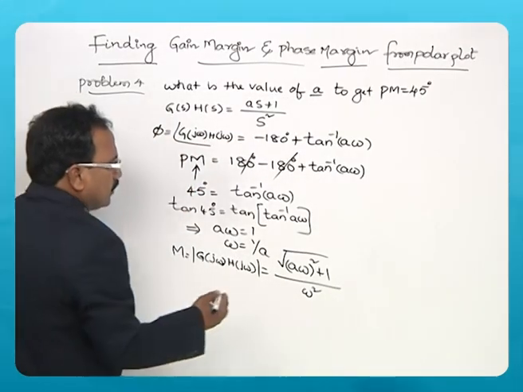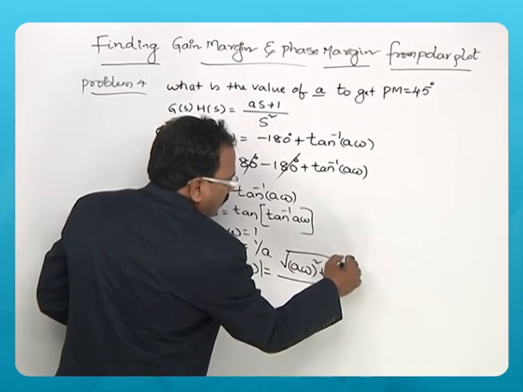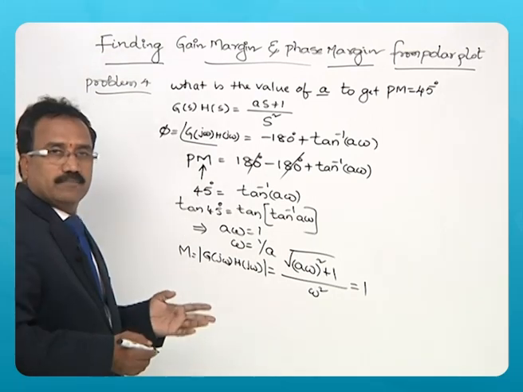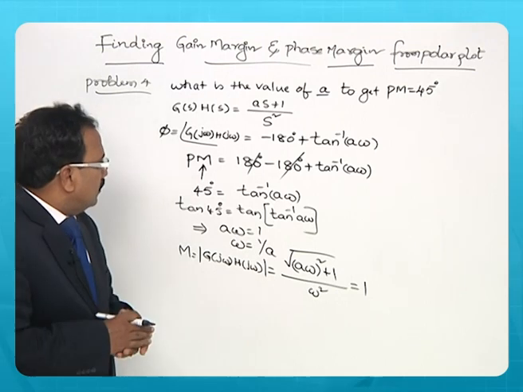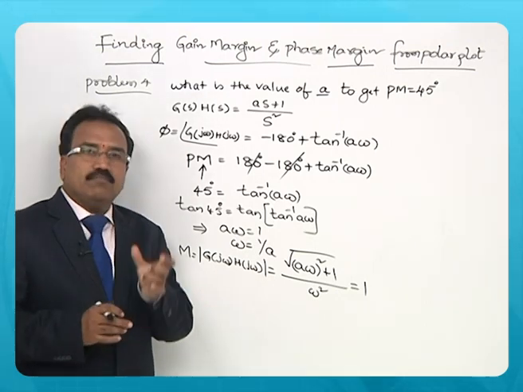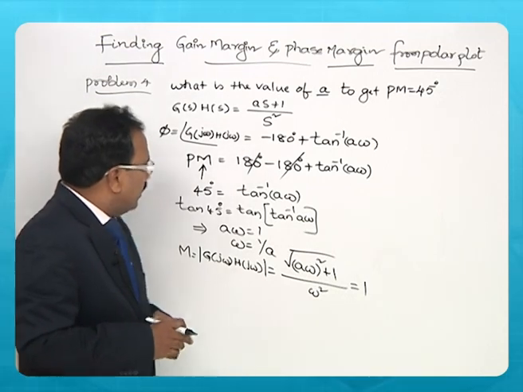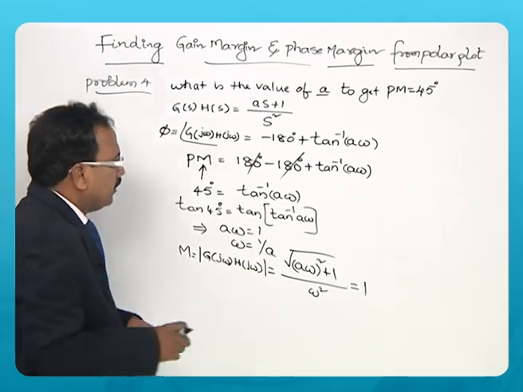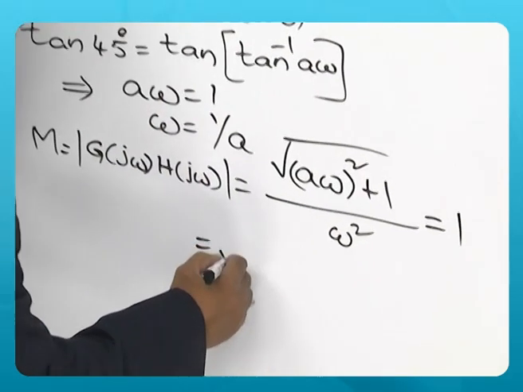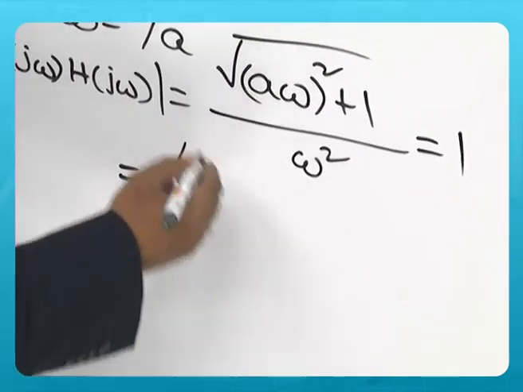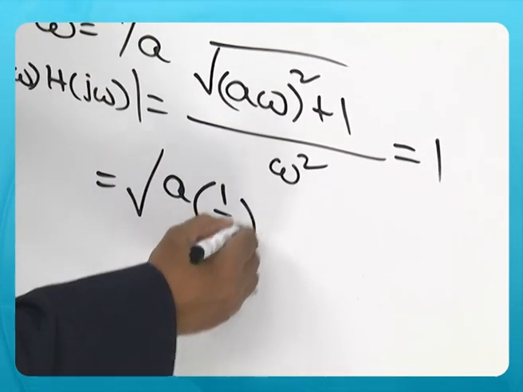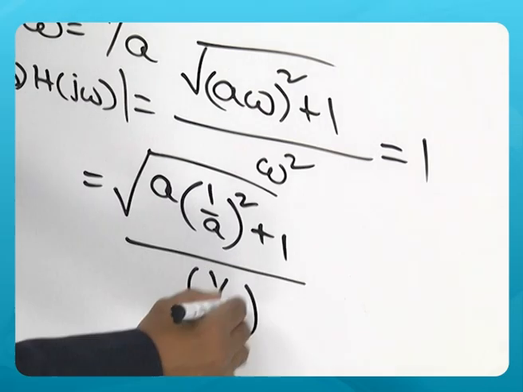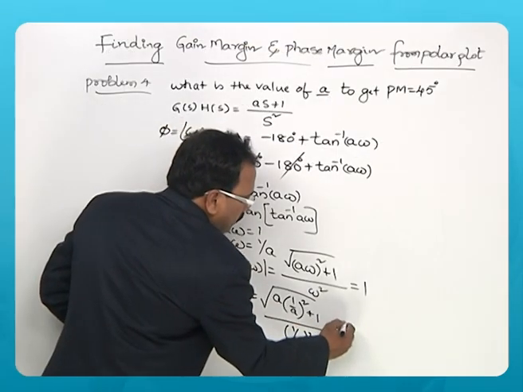This magnitude should be equated to 1 to get a. So the magnitude condition is that the magnitude of the given function should be equated to 1, and substitute the value of omega we have got, 1 by a, in this magnitude function. So this will be under root of (a times 1 by a) whole square plus 1, divided by (1 by a) whole square, and this is equated to 1.